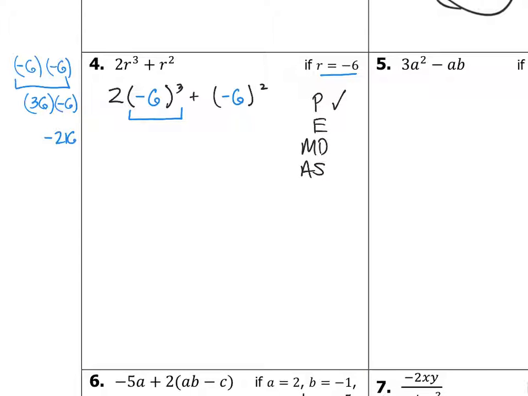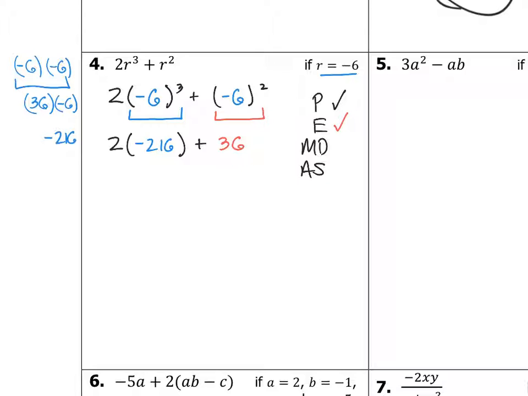So we have 2 times negative 216. I can also do this exponent, negative 6 squared, which is just positive 36. So now my exponents are done.